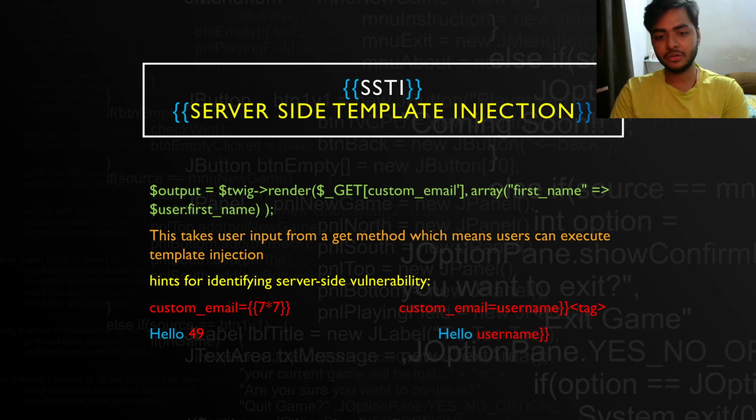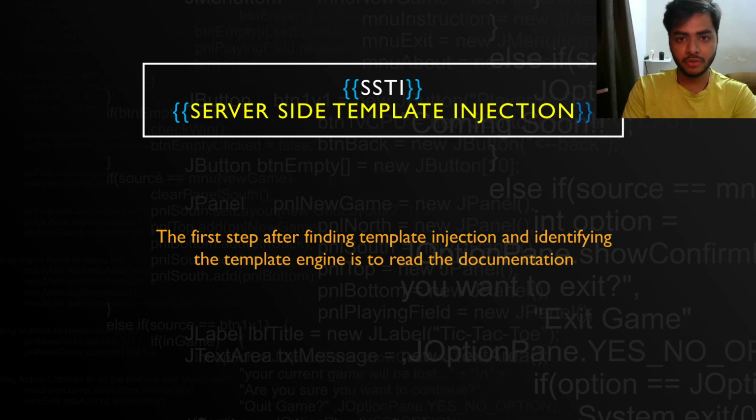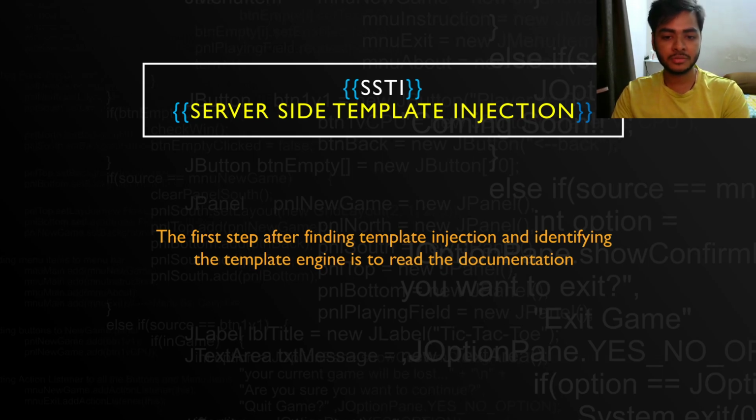I would recommend you read some documentation about this, so you will understand how different frameworks have different types of output. After finding which framework is being used as the template engine, you should read the documentation so that you know which functions are used in that framework, so you can call that function and do your malicious inputs.